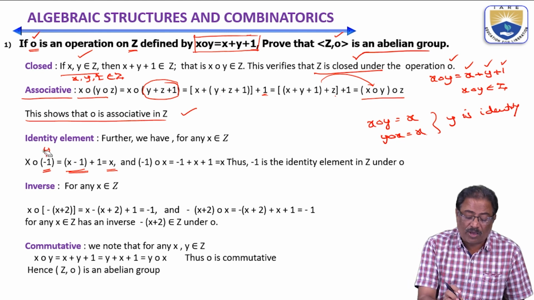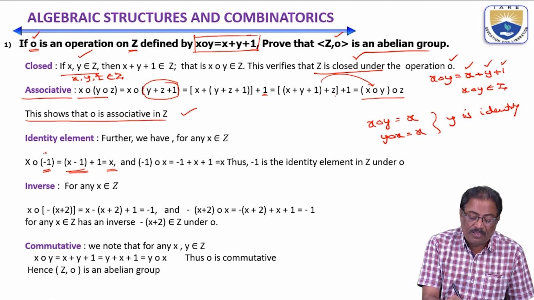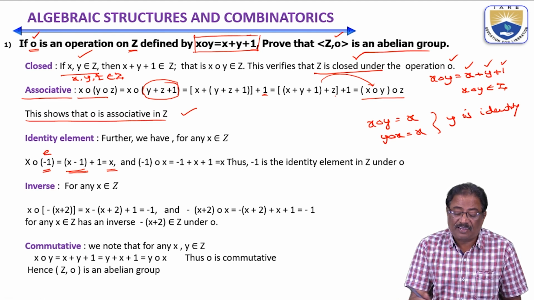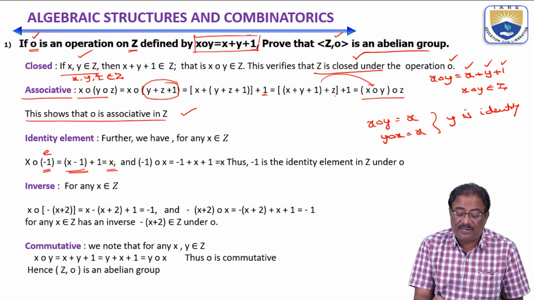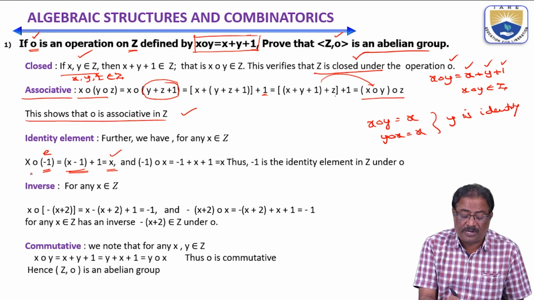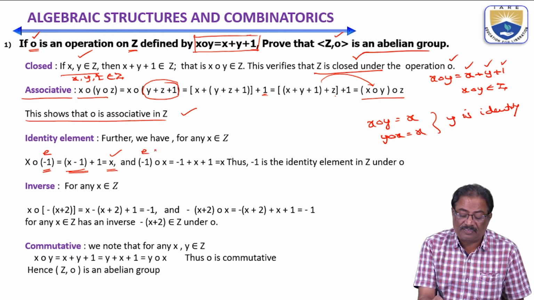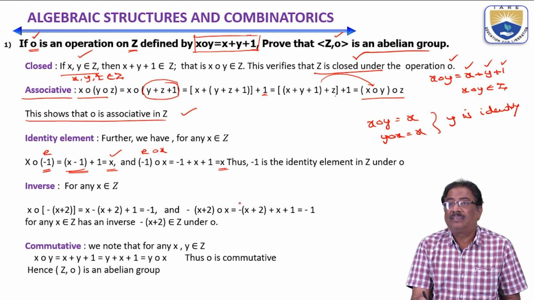Or else we take E as the identity: x circle E and E circle x. If it is equal to x, then we say E is the identity element. So now what we get is x circle E is equal to x and E circle x is equal to x.